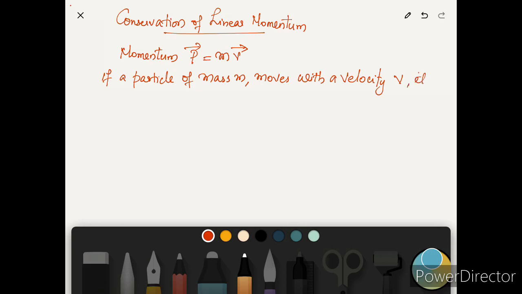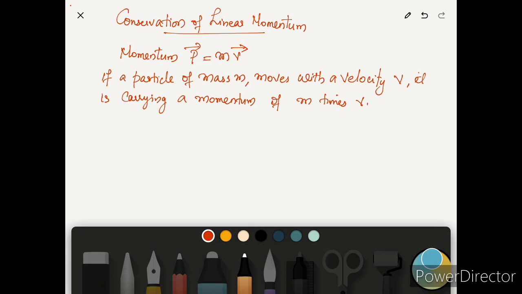It is carrying a momentum of m times v. Okay, this is what we are familiar with.